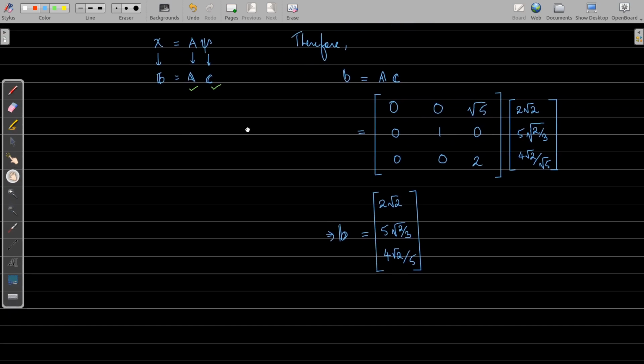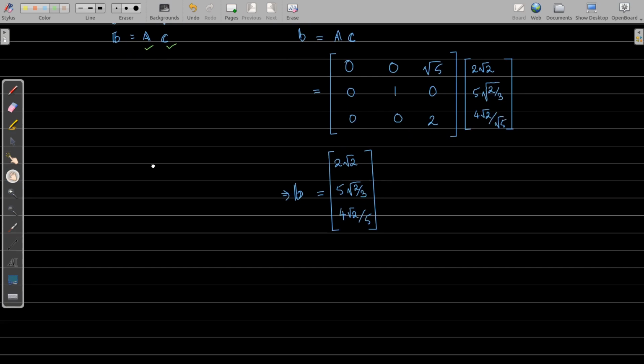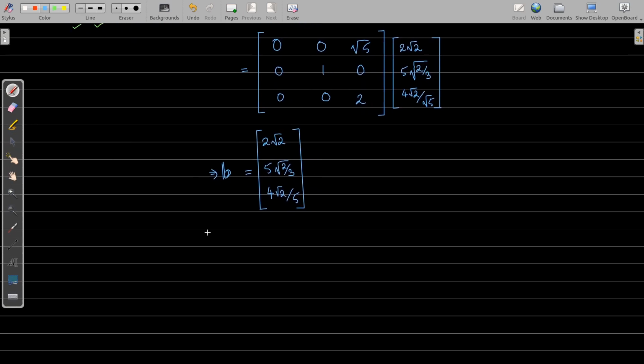So what does that imply? This matrix B represents the vector chi. So what is this chi?